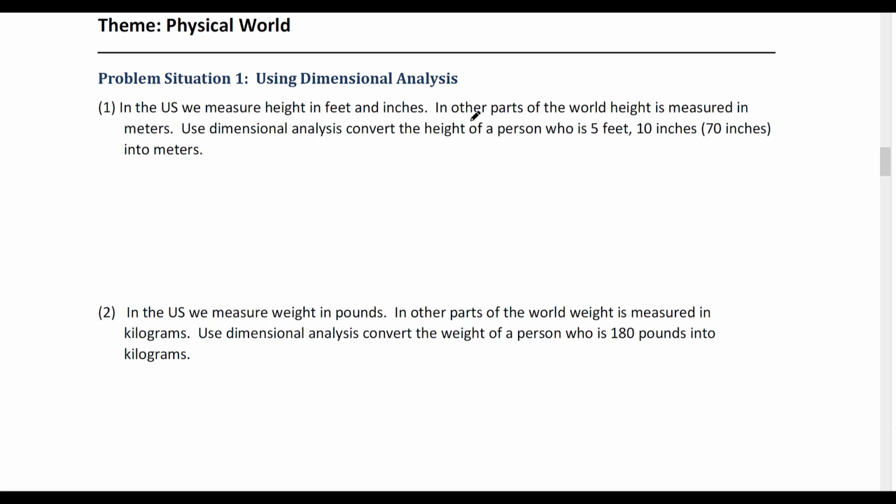Okay, so we have, convert this to meters. So we have 70 inches times 2.54 centimeters per inch, and then times 1 meter per 100 centimeters.